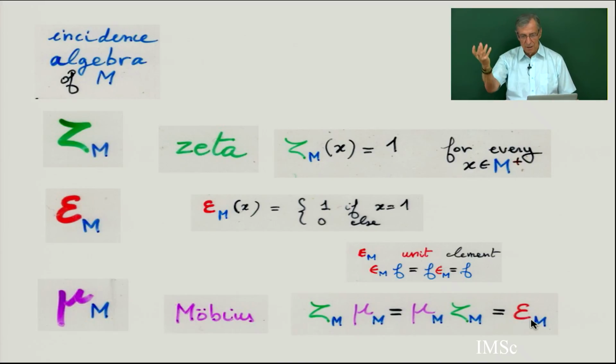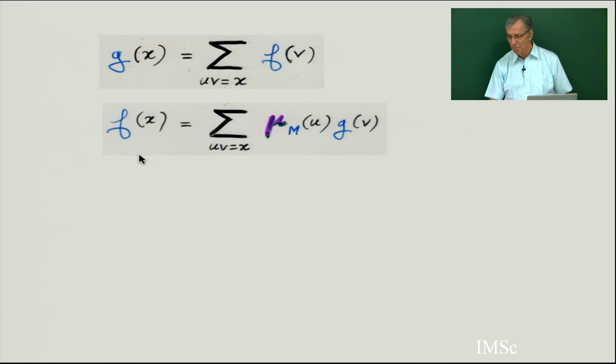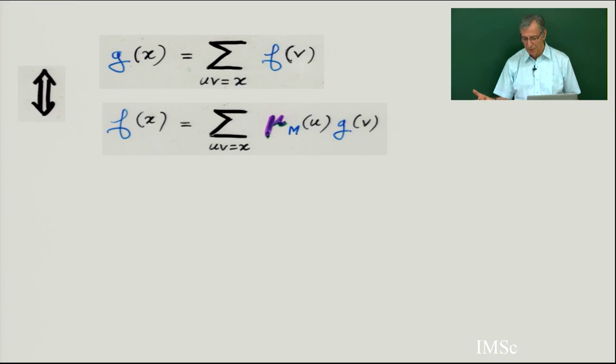Now I have the analog that there is some inversion between these relations. If I define G to be the sum of all f of v over all the factorizations uv equal x, and if I define the second relation, f in function of g involving the Möbius function, then I claim that these two relations are equivalent.